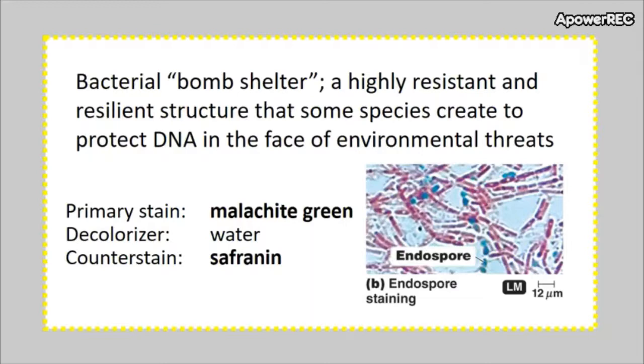And we can stain to observe these endospores using malachite green, and then malachite green is easily decolorized in cells that do not have an endospore structure, so we can simply use water to decolorize, and then a counterstain of safranin to observe it. Of course, malachite green gives it a greenish color, and safranin provides this pinkish, reddish, purplish color sometimes as a background, as a differential stain.